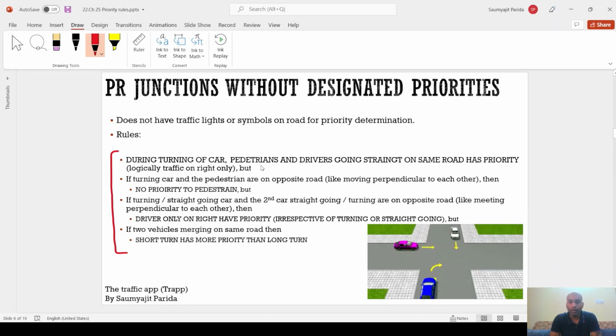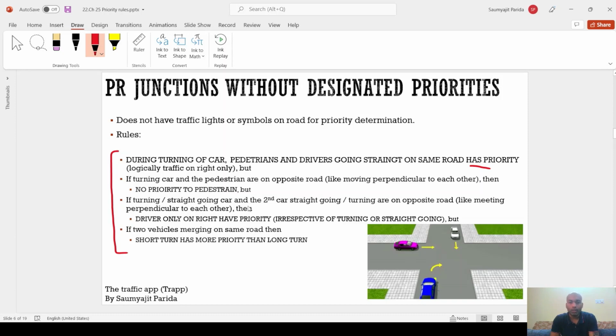When my car is turning, pedestrians and drivers going straight on the same road have priority. This is already known: all traffic users going straight have priority if my car is taking a turn. If a car and a pedestrian are on opposite roads, moving perpendicular to each other, then there is no priority for the pedestrian, but priority goes to the driver coming from the right.